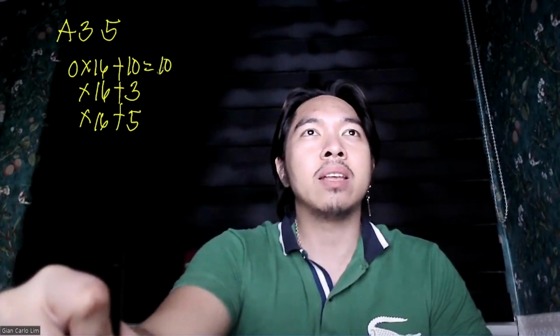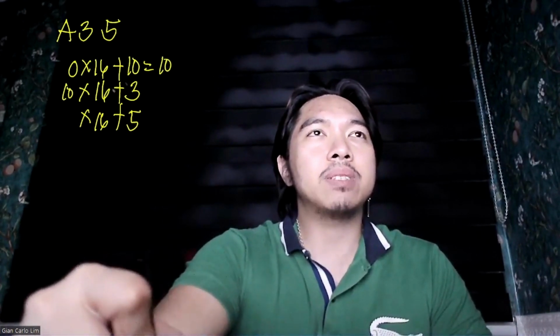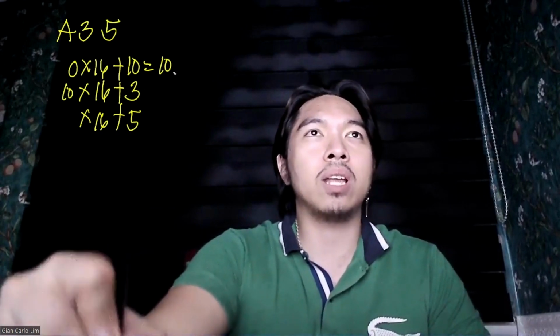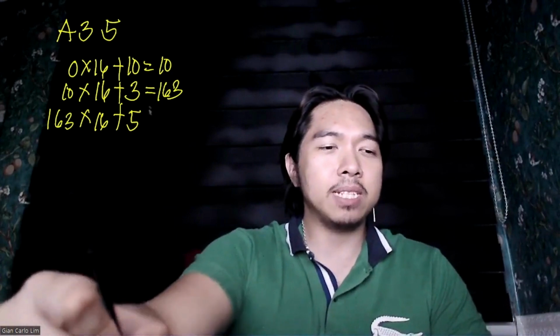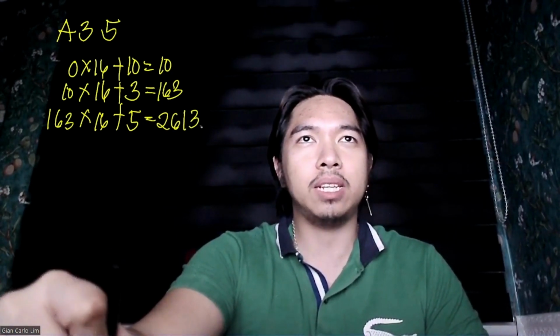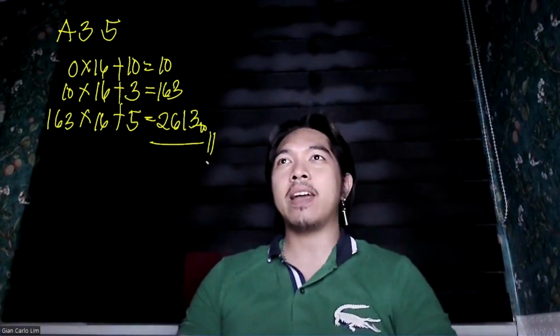By default, that is 0. So 0 times 16, plus 10, so that is 10. Then bring it here. 10 times 16 plus 3, so that's equal to 163. So 163 times 16 plus 5, so that is now equal to 2613 base 10. And we got the final answer.